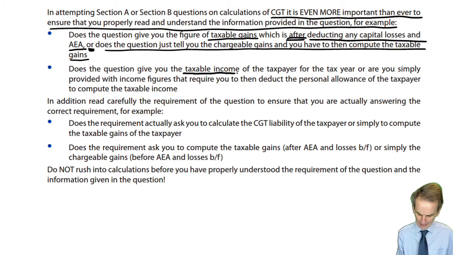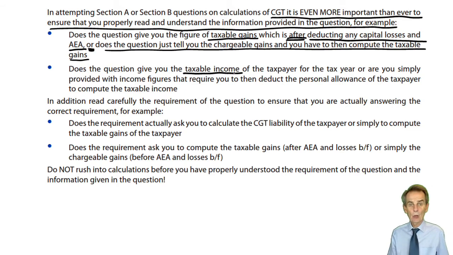Again, up until now in these exercises, we've been looking at a figure of taxable income of the taxpayer. Bottom line, taxable income on that first part of the income tax computation before moving into the tax liability calculation. Now that bit of course is not required here in CGT, but we do need the taxable income figure. Now you may be lucky, and they may, as I have up until now anyway, just give you that figure.